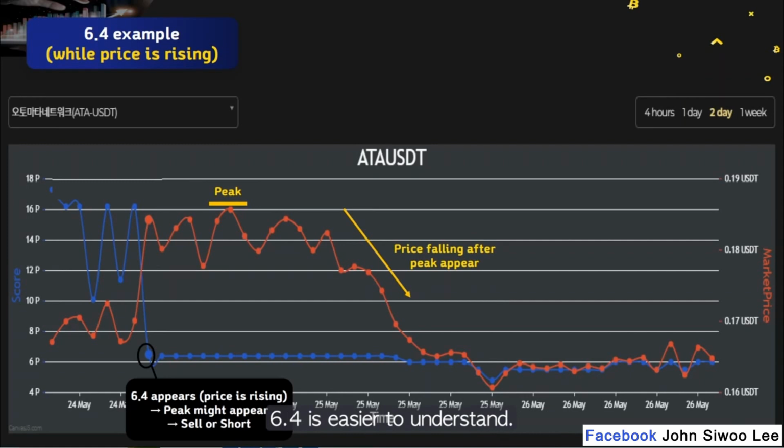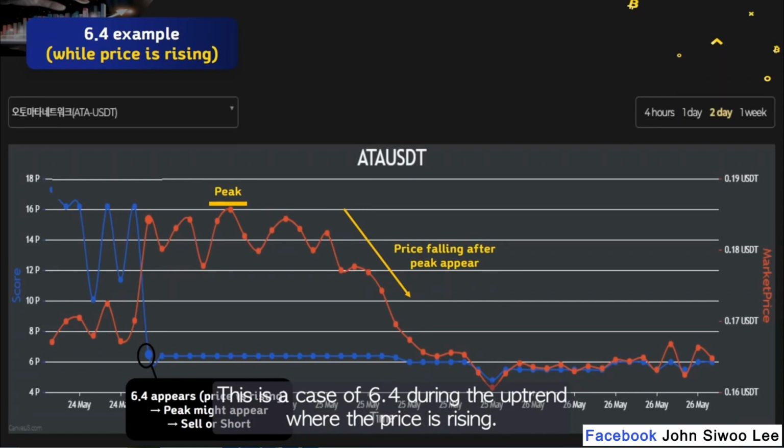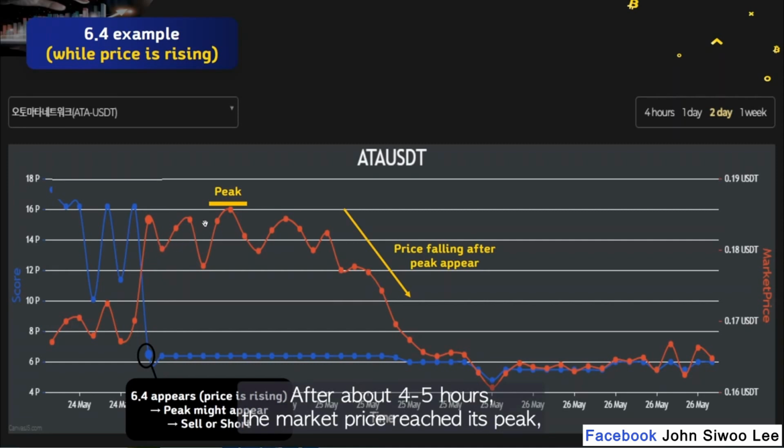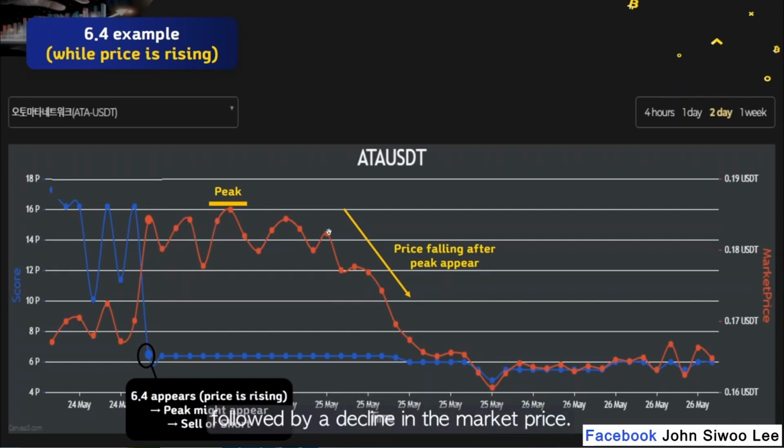6.4 is easier to understand if you look at an example. This is a case of 6.4 during the uptrend where the price is rising. First, 6.4 occurred while the price was rising, and at the same time the bearish cross occurred simultaneously. After about 4 to 5 hours, the market price reached its peak, followed by a decline.